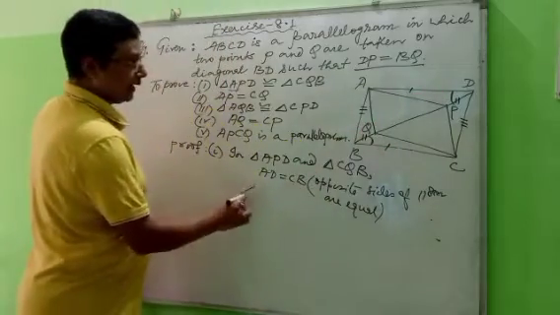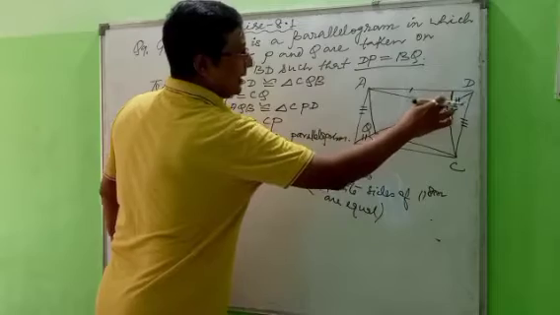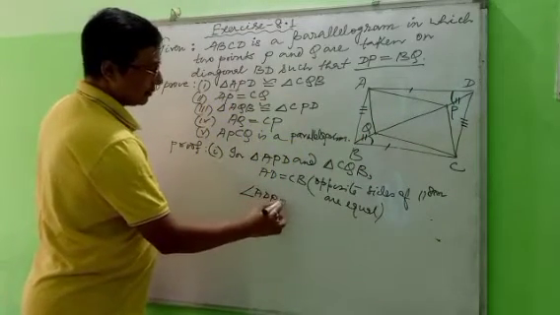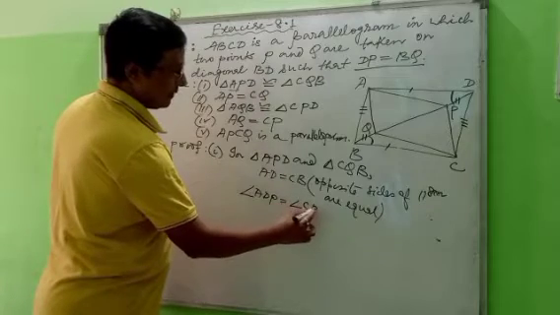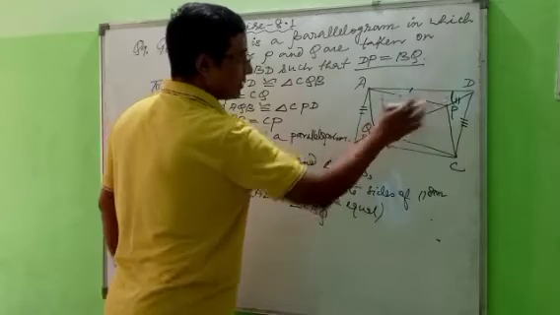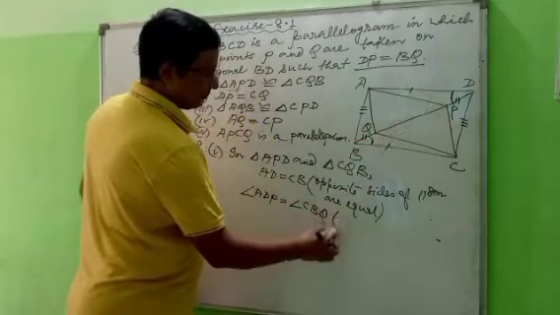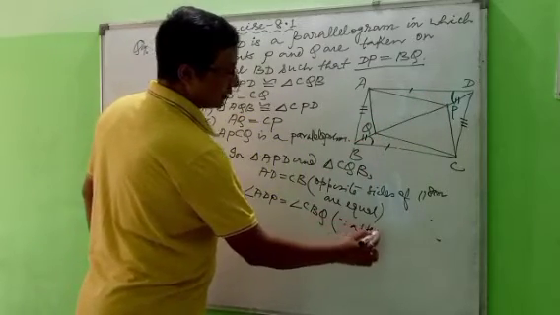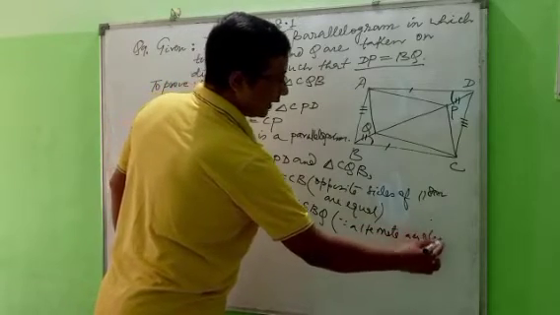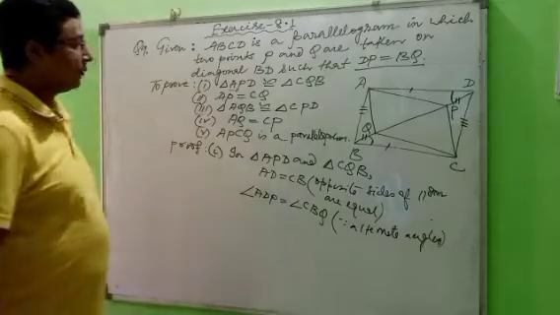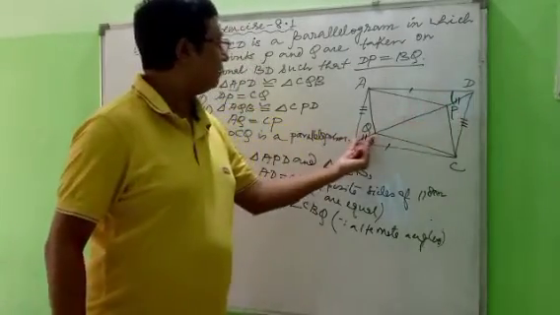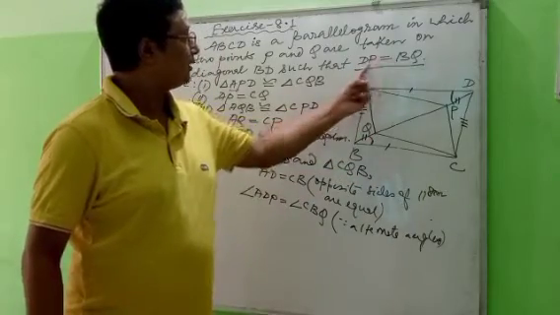So angle ADP is equal to angle CBQ. Then in both the triangles, DP equals BQ, that one is given.